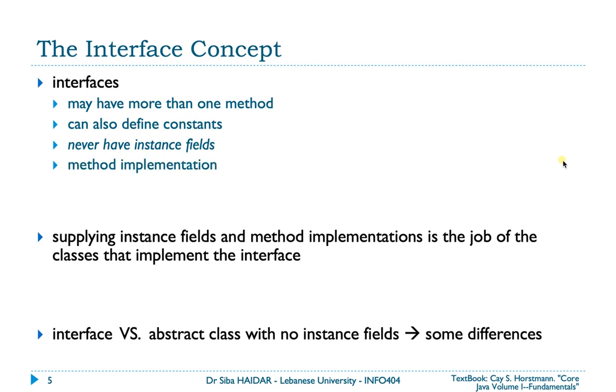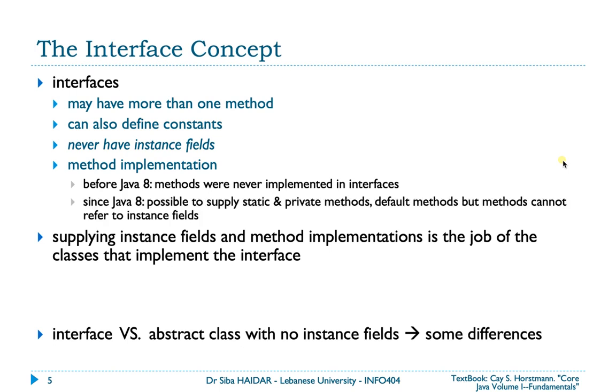And regarding the method implementation, before Java 8 it was not possible, but since Java 8 it is also possible to supply static methods, private methods, and default methods, but the methods cannot refer to instance fields.